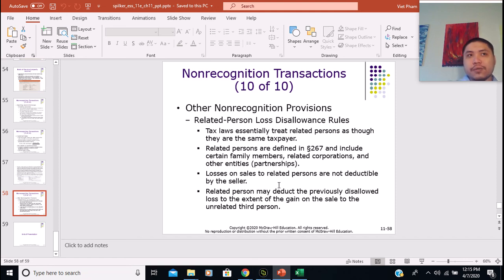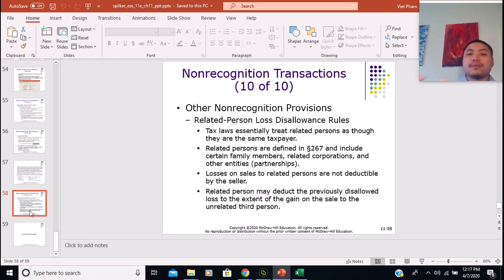So that's the loss the previous seller is disallowed from recognizing. But if the related buyer later on decides to sell the property to someone else, then he or she may be able to recognize the loss that was disallowed to the previous seller.